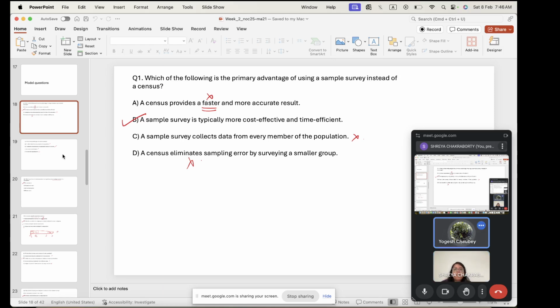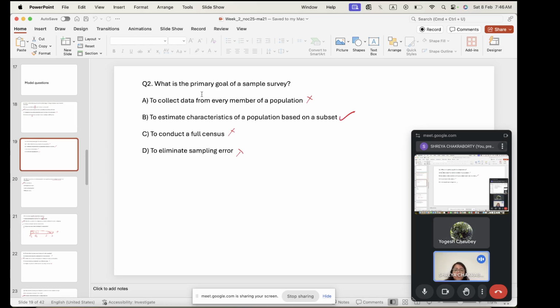Question number 2 was, what is the primary goal of a sample survey? This is the most appropriate one, based on a subset. Because if a survey does not collect data from a subset, that would be a census, and every sample survey will have some sampling error. In all practical situations, you can't just do away with sampling error.